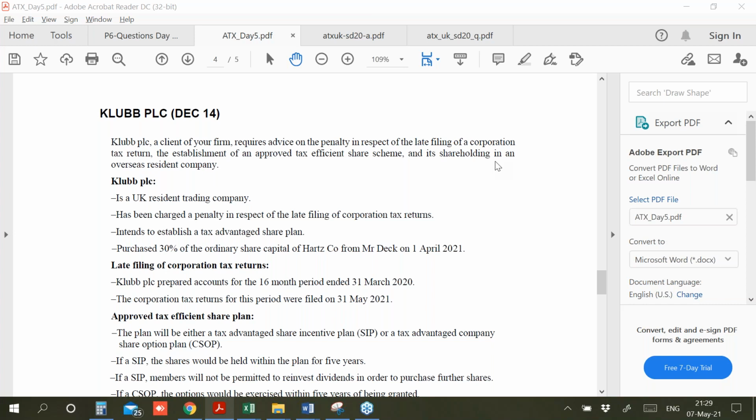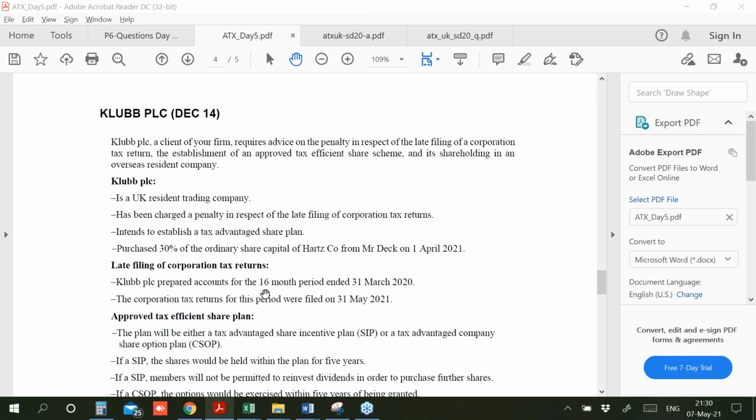But it is not mentioned here that the company has submitted returns late for the third time. So if it were mentioned that the company has submitted the return late for the third time, we would replace the 100 with 500. I hope it's clear.